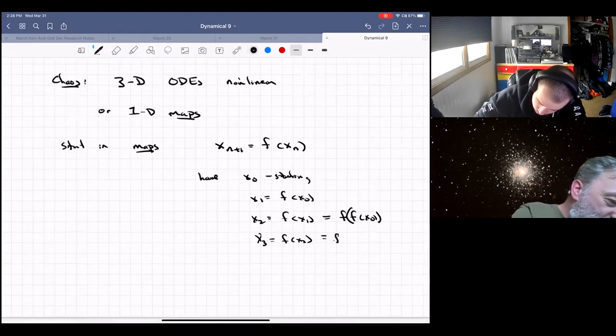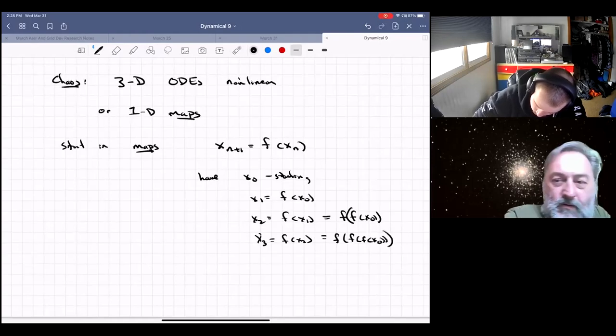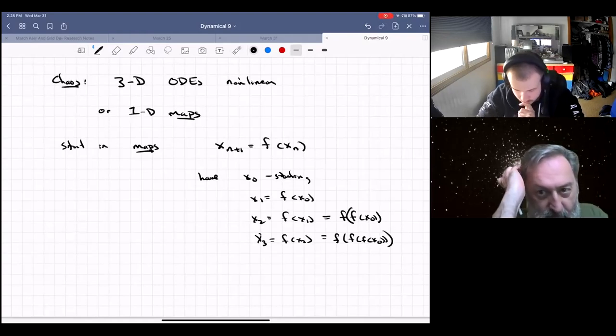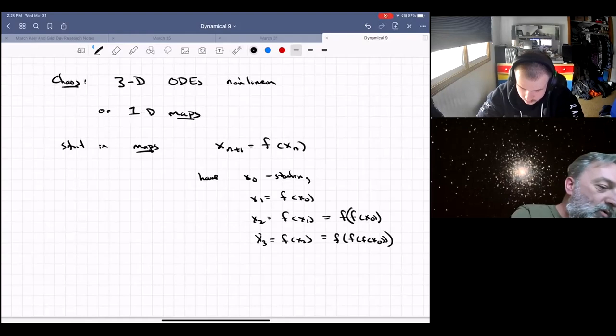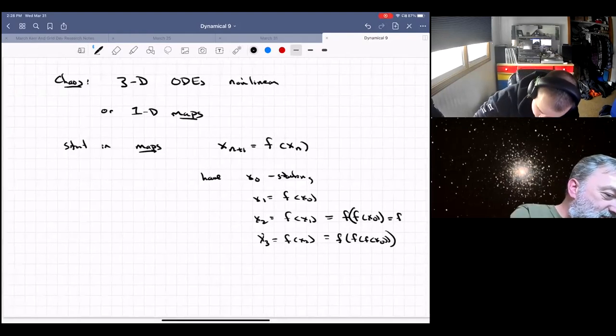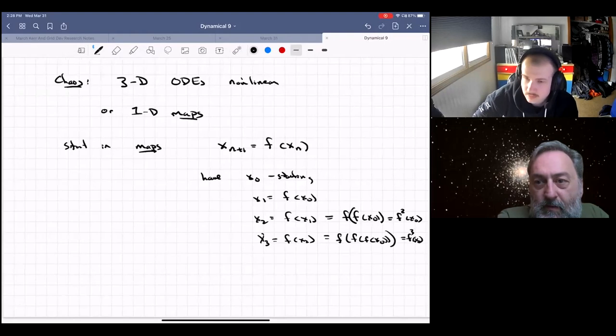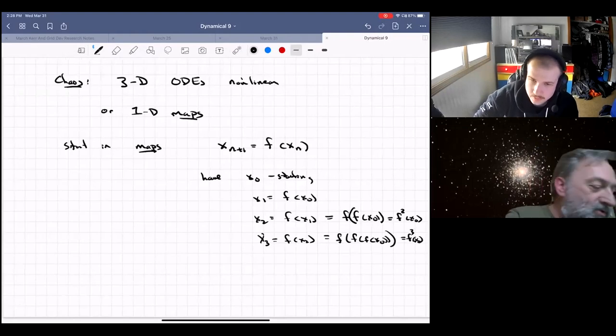And x3 is going to be f of f of f of x0. So lingo wise, sometimes you'll see this as f2 of x0. Sometimes you'll see this as f3 of x0. Okay. But you should be careful.